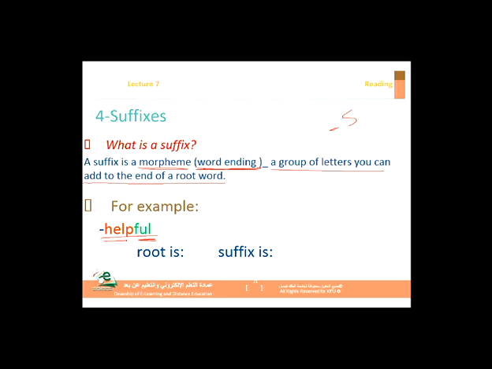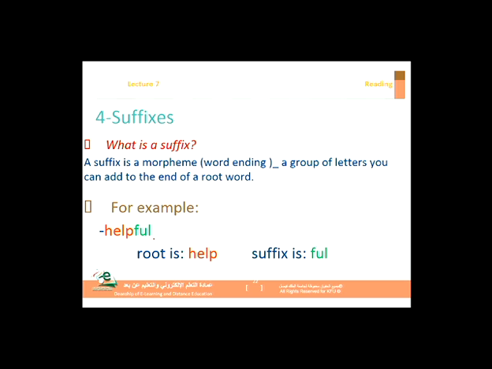So here, what is the root? What is the base form, let's say? And what is the suffix for this example? The root is help. It's written in red. And the suffix is full. So helpful. And that has meaning, of course.